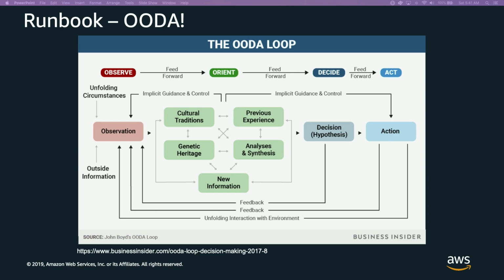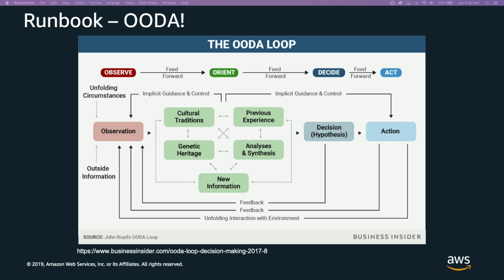If we look at the loop, it's observation, and this is around having those mechanisms to be able to see what's happening in your environment. Earlier, we deployed GuardDuty and Config and Security Hub, and they're really great tools for you to have an understanding of what is possibly happening in your environment.